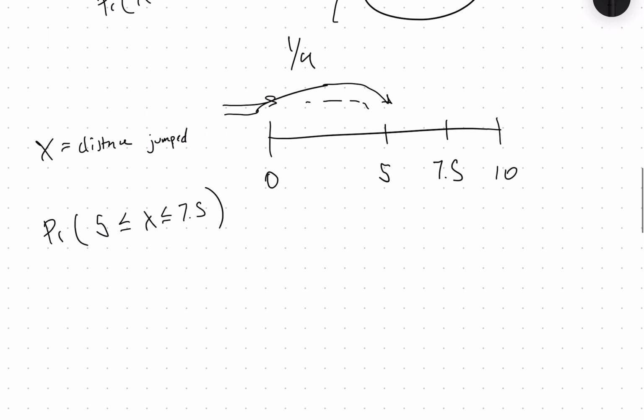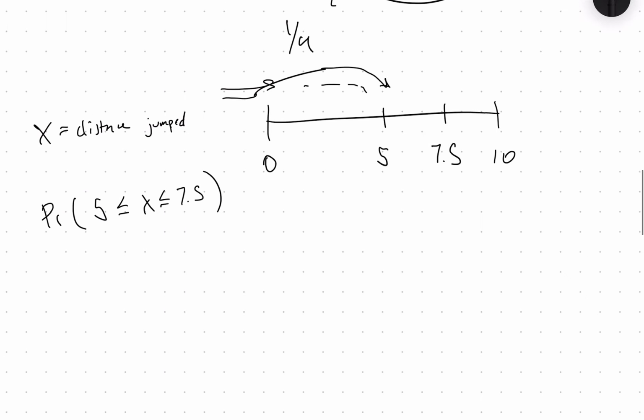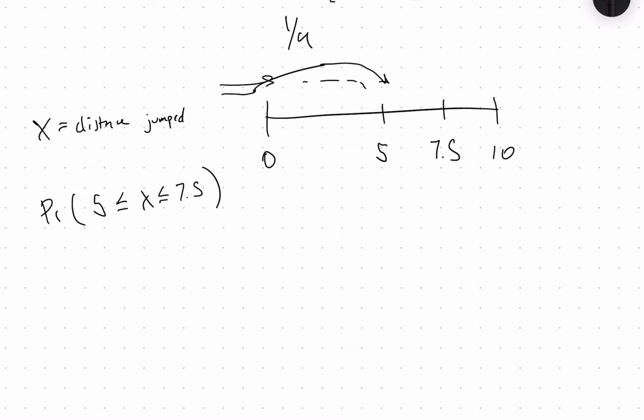So how you do that, I mean, this should make intuitive sense. It ends up like a geometry question because all of these are equally likely. So this distance is 2.5, and then our whole entire sample space is 10. So it's 2.5 over 10.